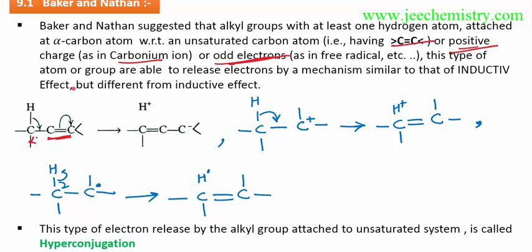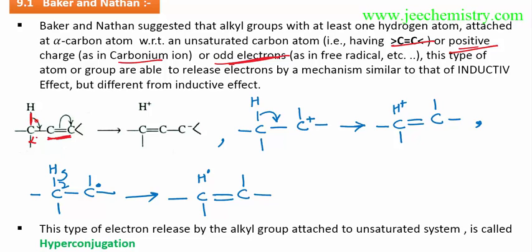This type of group of atoms is able to release electrons by a mechanism similar to the inductive effect but different from the inductive effect. If with respect to the unsaturated group you have a free radical or a positive charge, and at the alpha position at least 1 hydrogen is there, then it is able to release this sigma bond electron to this unsaturated system, to the free radical, to the carbocation, by a mechanism similar to the inductive effect.